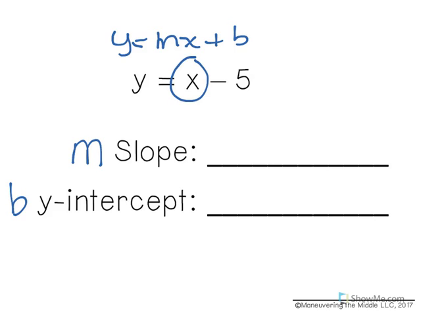Well, there's an imaginary 1 multiplying by x, so my slope is 1. And then my b is what's next, and that is -5. And that's my y-intercept. So if I look at an equation, I can pull the equation and find my slope and y-intercept. Let's try some more practice.